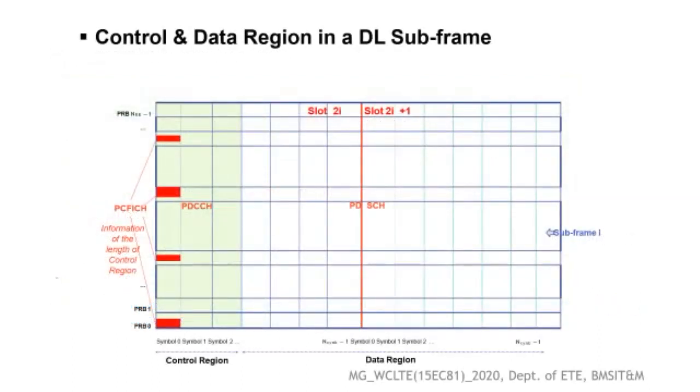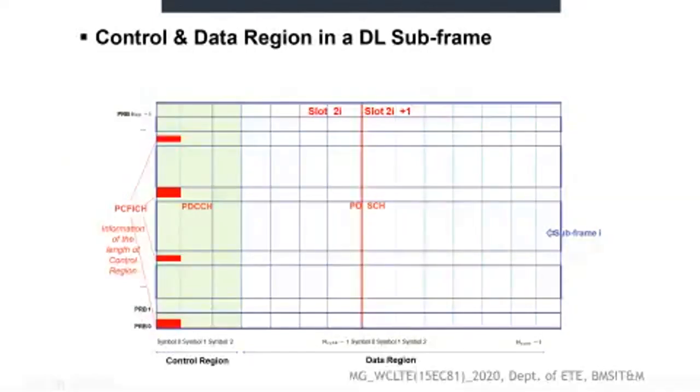Just to give an idea, here I have shown the first OFDM symbol, second OFDM symbol, and third OFDM symbol. These will be occupied by PDCCH. In every subframe, the first OFDM symbol will be occupied by the physical control format indicator channel, PCFICH, as I said.